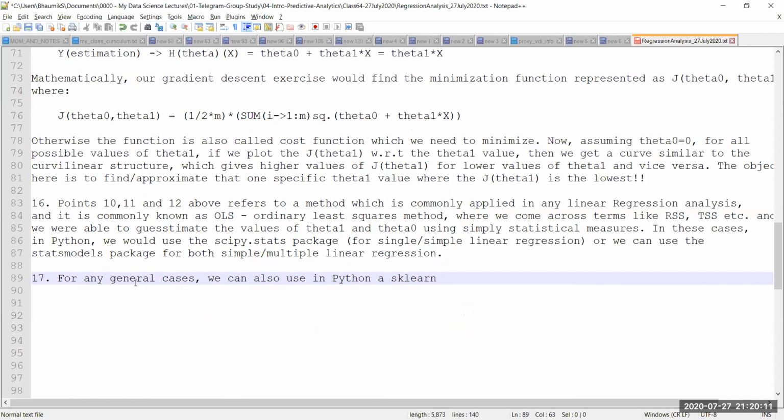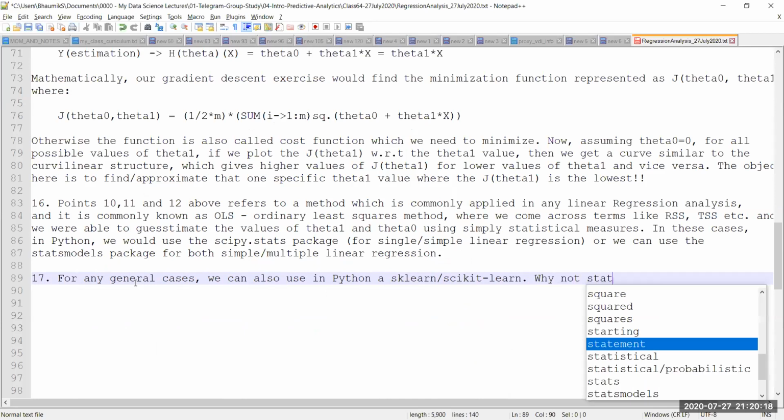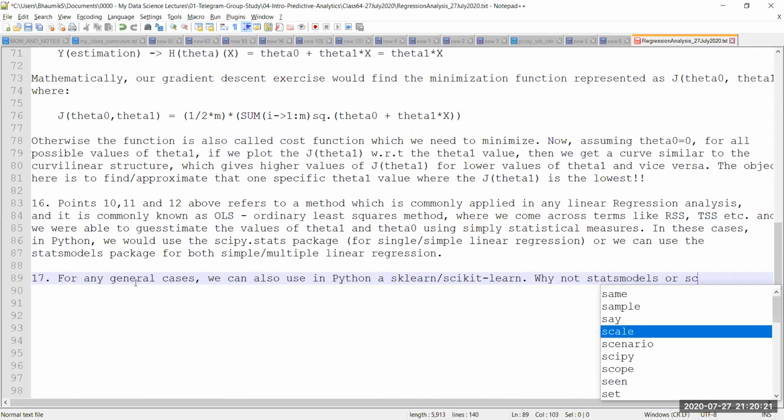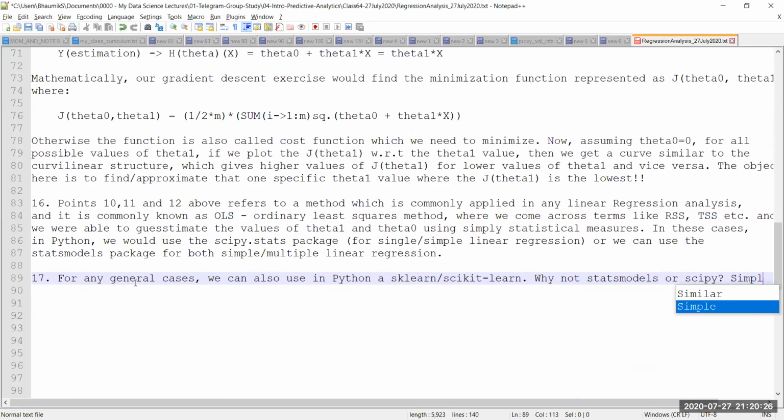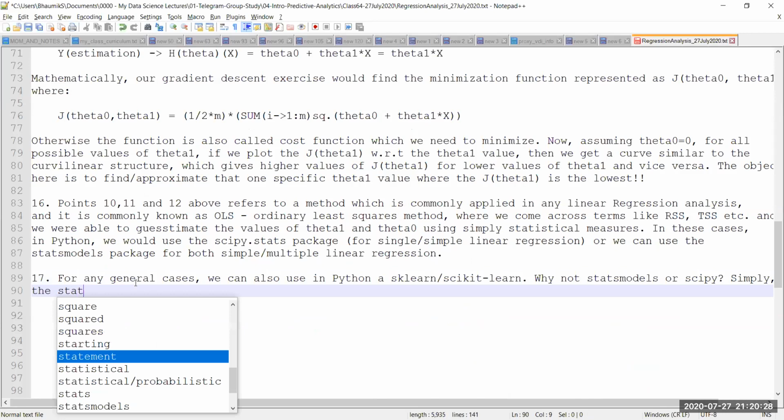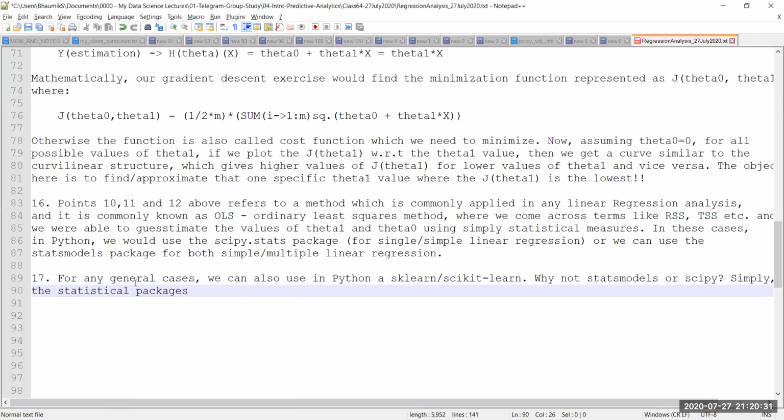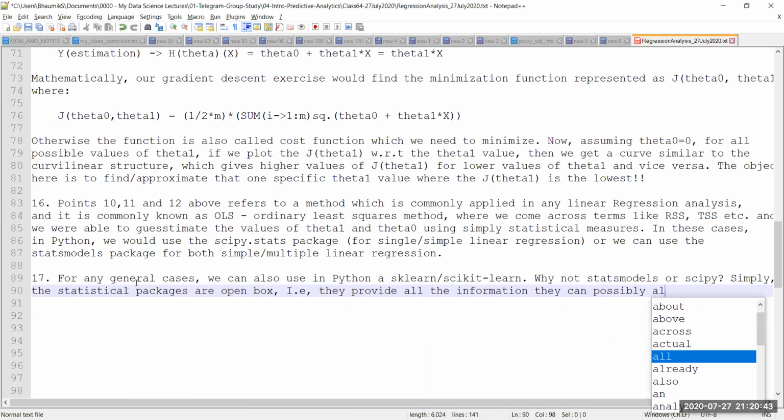Now, just to conclude this, for any general cases, we can also use in Python a fantastic library known as sklearn or scikit-learn. Right? Now, why not statsmodels or SciPy? Simply, the statistical packages are open box. That is, they provide all the information they can possibly calculate, right?